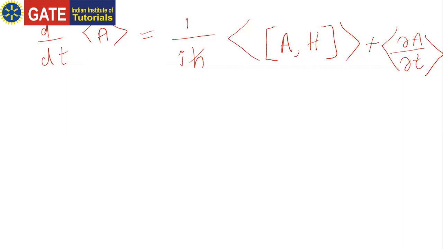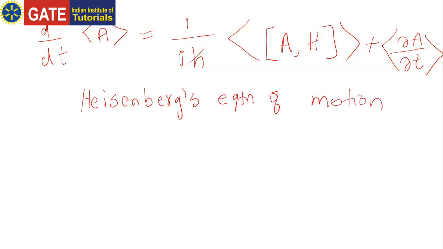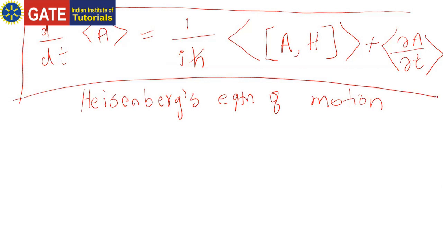This is called Heisenberg's equation of motion. Here H is our Hamiltonian, the total energy.